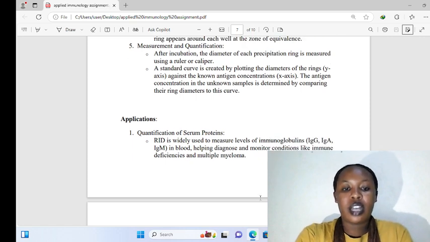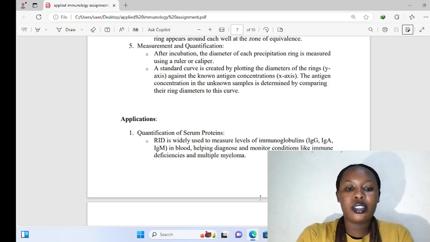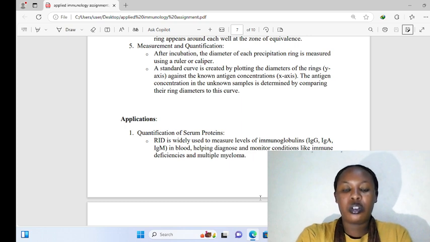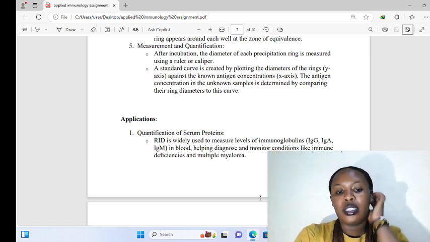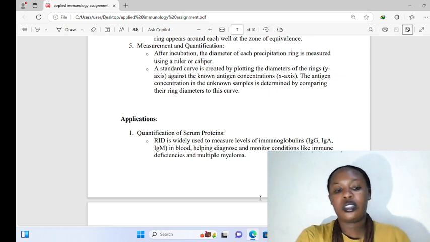A standard curve is created by plotting the diameter of the ring on the y-axis against the known antigen concentration on the x-axis. The antigen concentration in the unknown sample is determined by comparing its ring diameter to this curve.